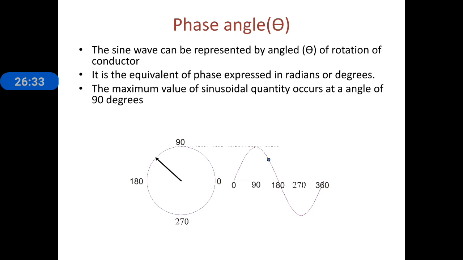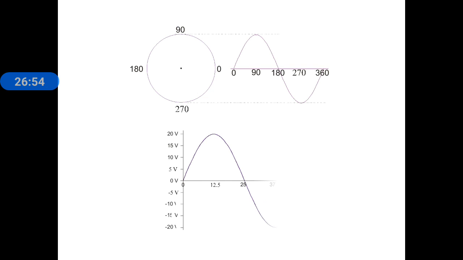Sine 135 gives some value, sine 180 is again 0, sine 225 is a negative value, sine 270 is minus 1, sine 315 is a negative value, and sine 360 or sine 0 is 0. So each rotation gives one cycle with respect to angle.